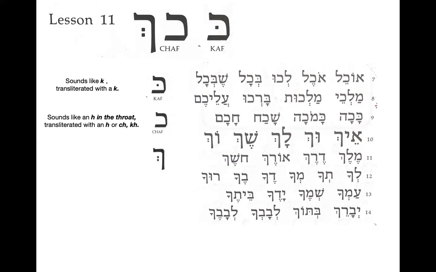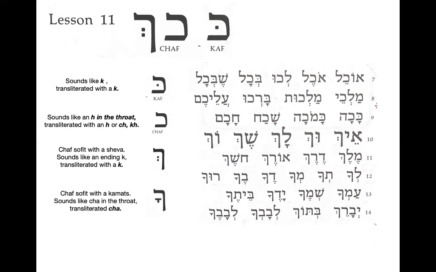Then you have a chaf sofit, which is written in two different ways. You have a chaf sofit with the shva, sounds like an ending K, and transliterated with K. But then you also have a chaf sofit with a kamatz, sounds like a cha in the throat and transliterated CHA.